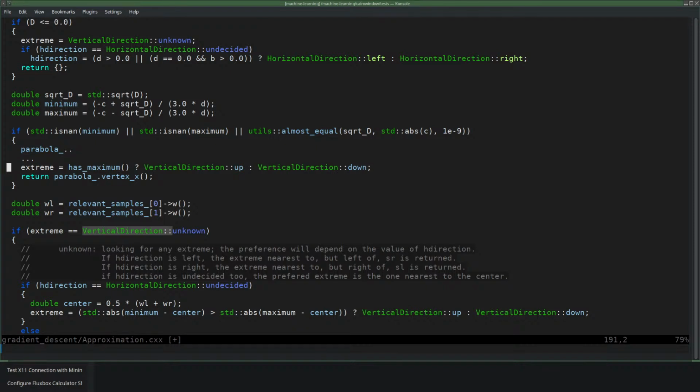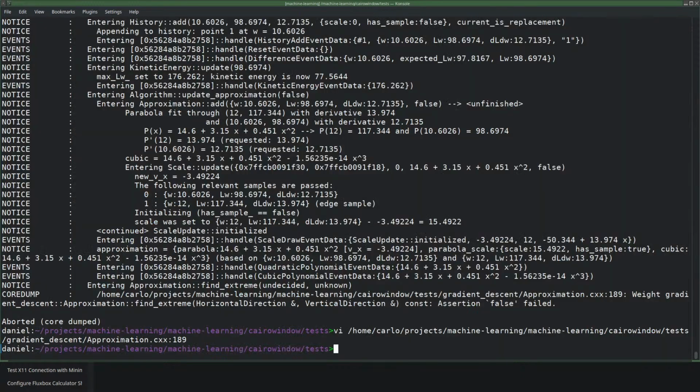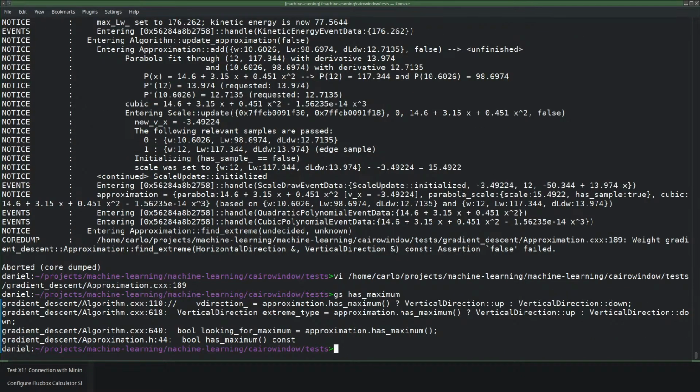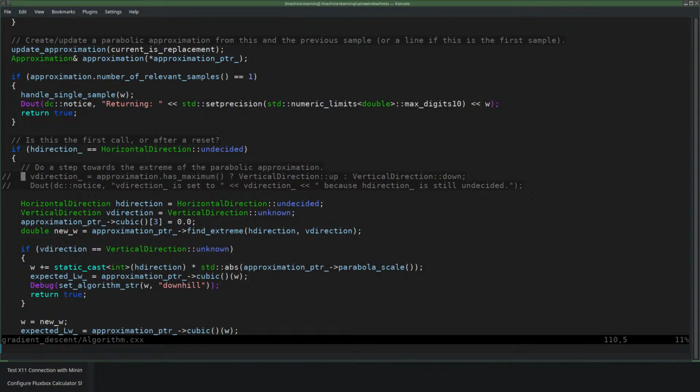I think I should rename this parabola as maximum. Because now we have both, a cubic and a parabola.